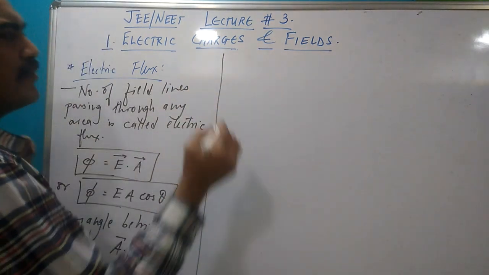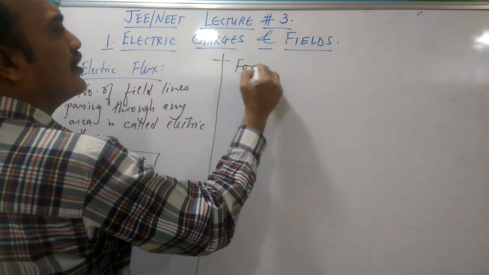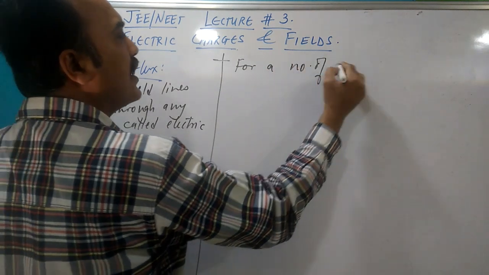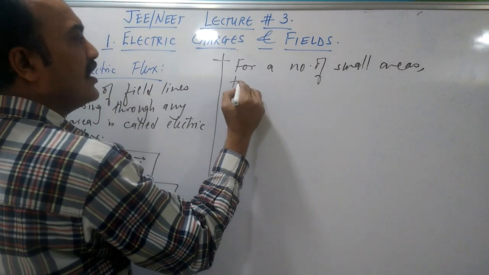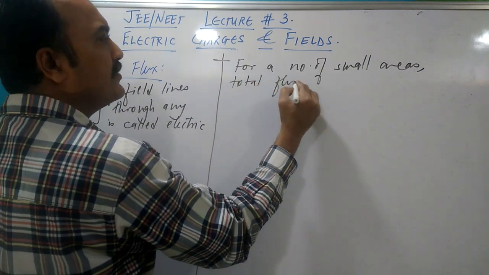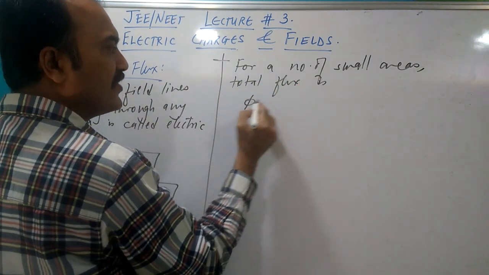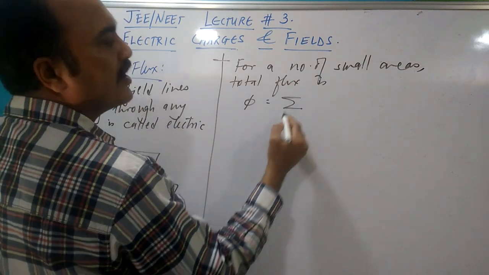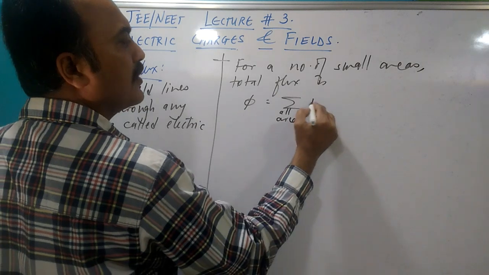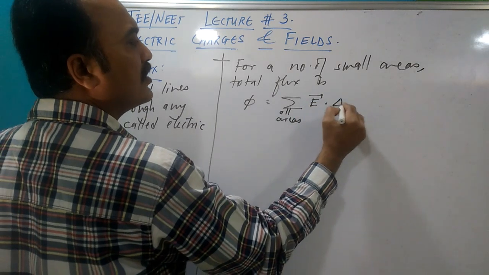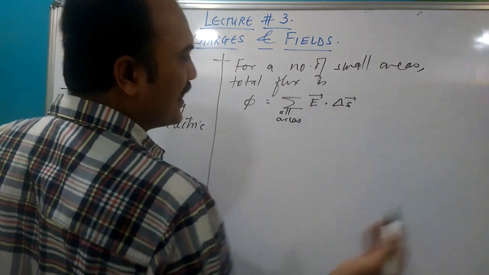And if there are a number of small areas, for total flux, you can either take a summation. Let's first take a summation. Flux phi is summation for all areas E bar dot delta S bar or delta A bar.